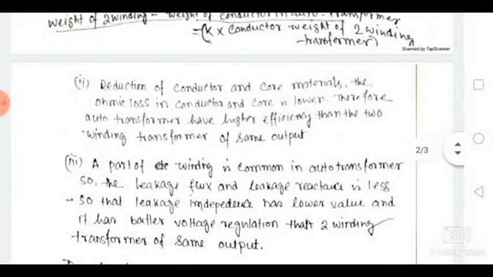So the leakage flux and the leakage reactance are less, and as they are less, the leakage impedance is also of lower value than in the two winding transformer. So we simply conclude that the auto transformer has better voltage regulation compared to the two winding transformer of the same output.